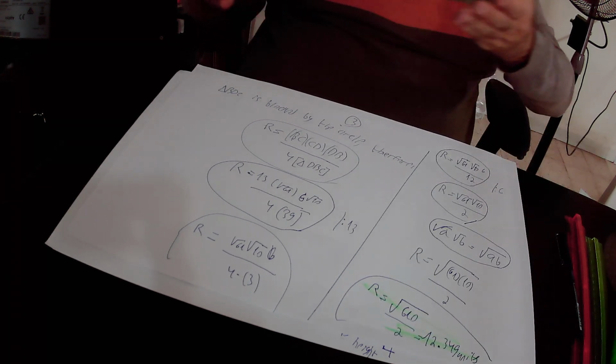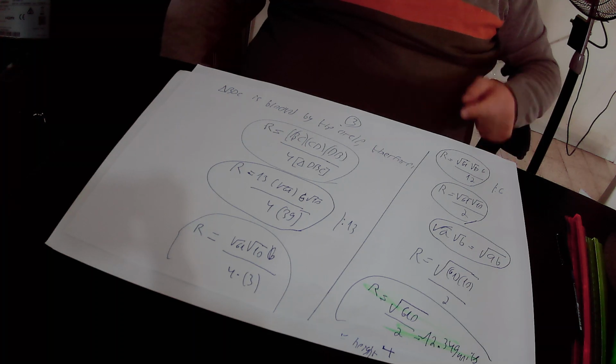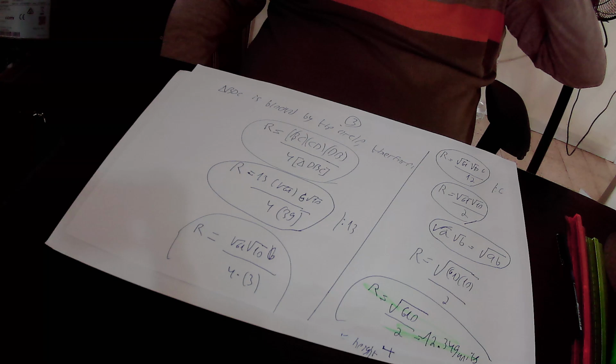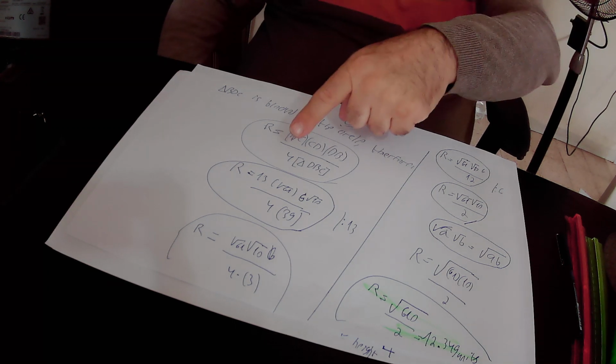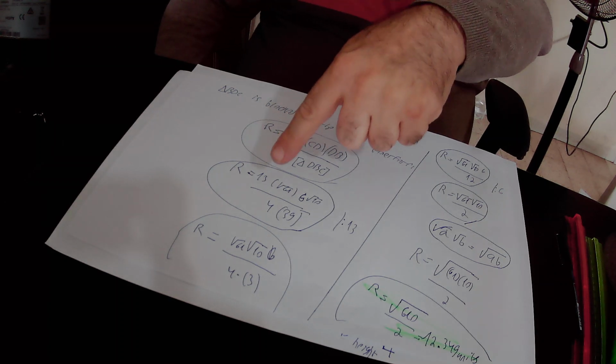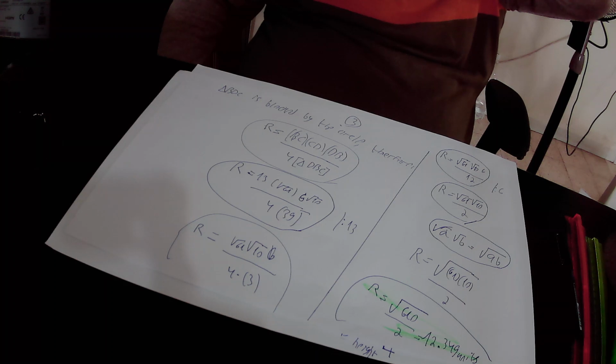In the next step, we just simplify this expression by dividing both the numerator and the denominator by 13. 13 over 13 is 1, so in the numerator we are left only with square root of 61 times square root of 10 times 6.